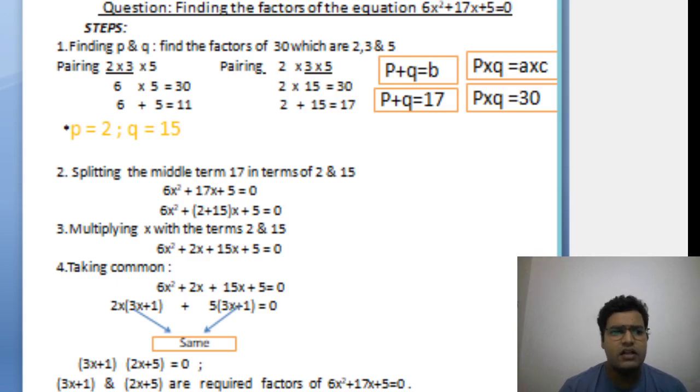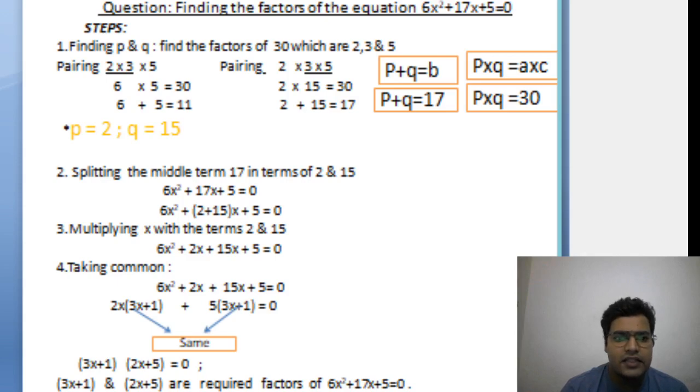So let's take another pair. This time we are taking 2 alone and making 3 and 5 a pair. So we have kept 2 alone, and 3 into 5 is 15. We have paired 3 and 5. So now we see that 2 into 15 is 30, and our required P into Q is 30. Now we sum 2 and 15. The sum of 2 and 15 will be 17, which is our second condition.